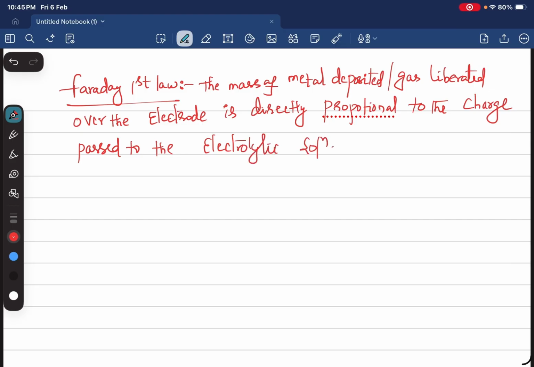This is called Faraday's first law. Very important and very simple, right?